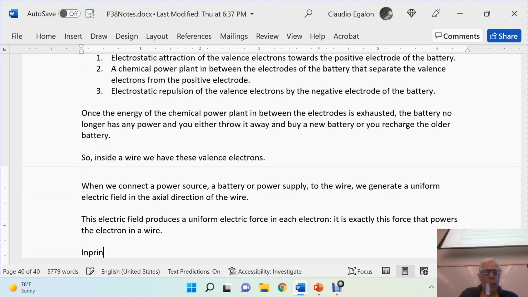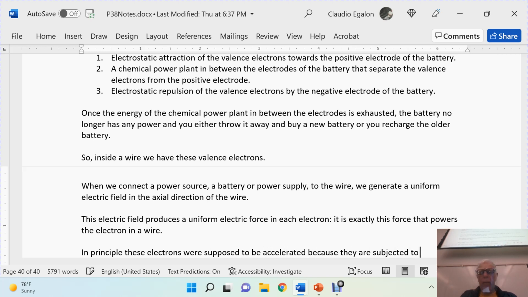In principle, these electrons were supposed to be accelerated because they are subjected to a constant force, right?